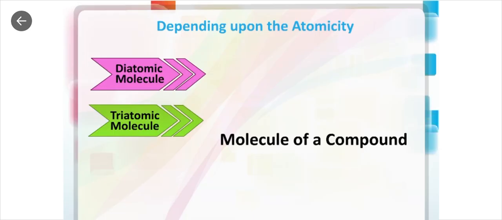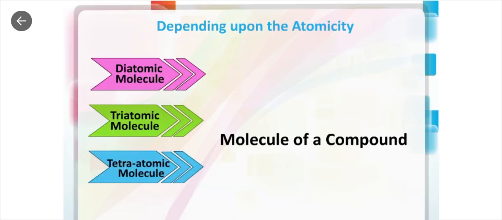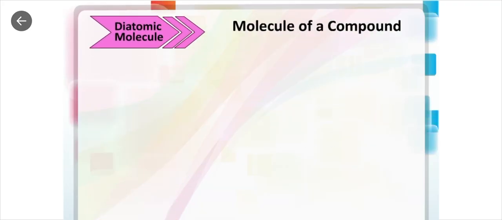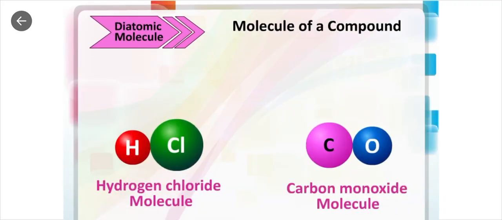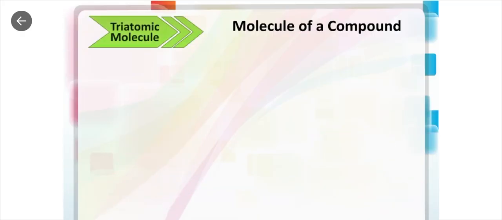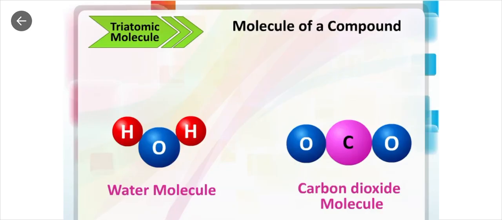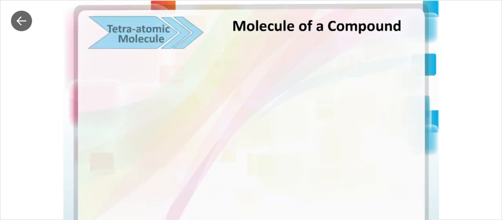Depending upon the atomicity, molecules of a compound can be called diatomic, triatomic, tetraatomic, and polyatomic. Diatomic molecules contain two atoms. Triatomic molecules contain three atoms.